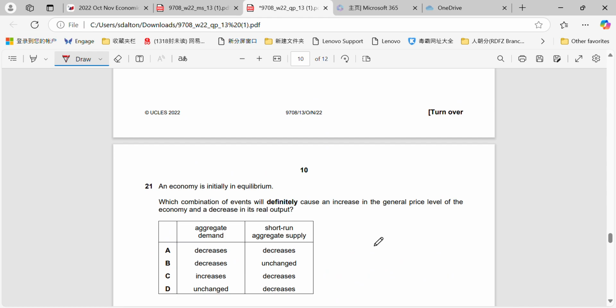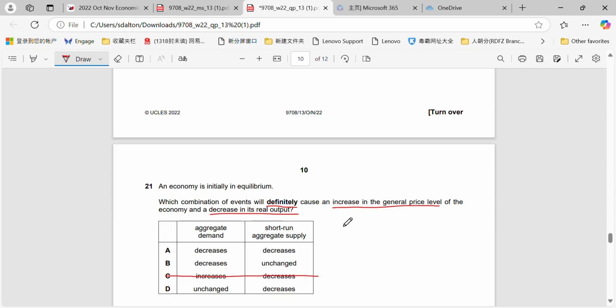An economy is in equilibrium. Which combination of events will definitely cause an increase in the general price level of the economy and a decrease in its real output? Remember that real output will generally rise if our aggregate demand is increasing.